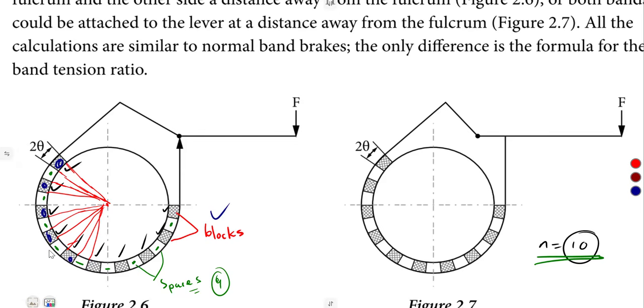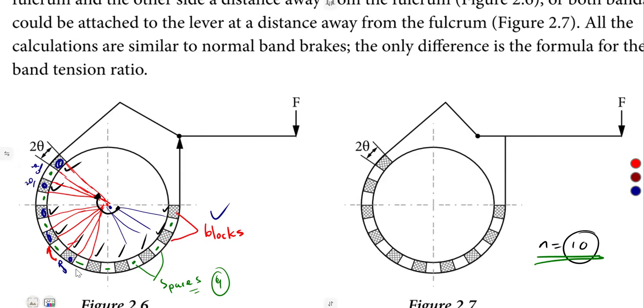It means that we can have the angle 2 theta for each. This one will also be 2 theta, this one will also be 2 theta. So these are the sections that are going to the center. At the end of the day, where they are here at the center, the whole of this angle that is created is referred to as theta.